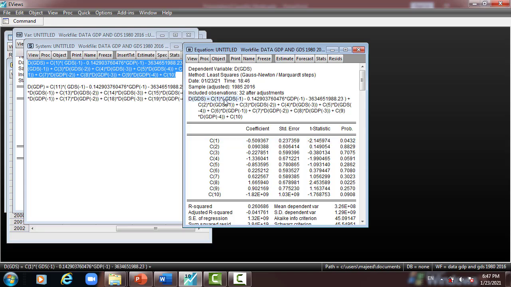This here we call long-run causality, and this part here we call the short-run causality, from C2 to C9. C10 represents the constant.